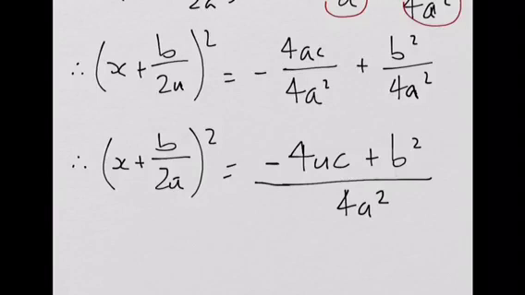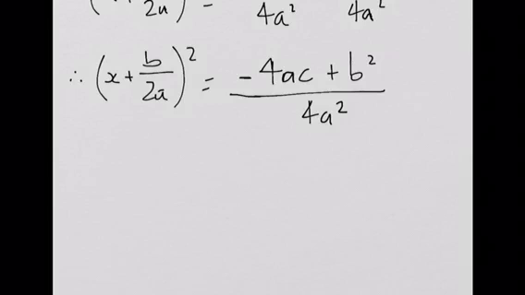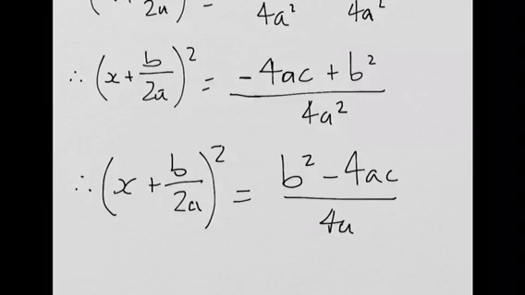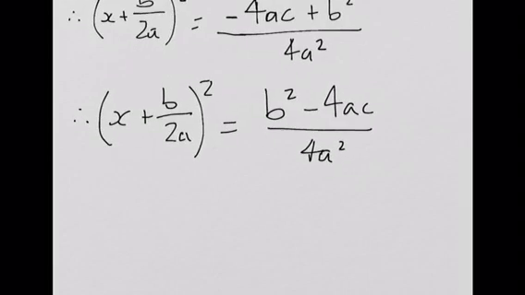Let's put that negative just in front of the 4 in this case. Okay, left hand side, we can still have x plus b on 2a all squared, and then on the right hand side, let's just switch this around: b squared minus 4ac all on 4a squared. That's starting to look like the quadratic formula there.